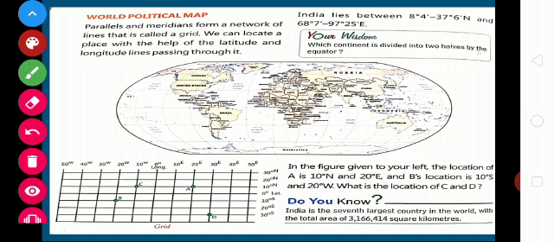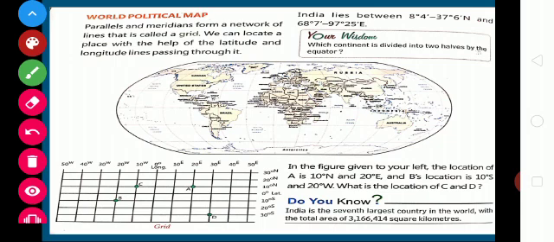Your lesson is over. From this lesson we know about latitude and longitude. These are imaginary lines drawn around our globe to locate a particular place. The latitudes are 180 lines and the longitudes have 360 lines.